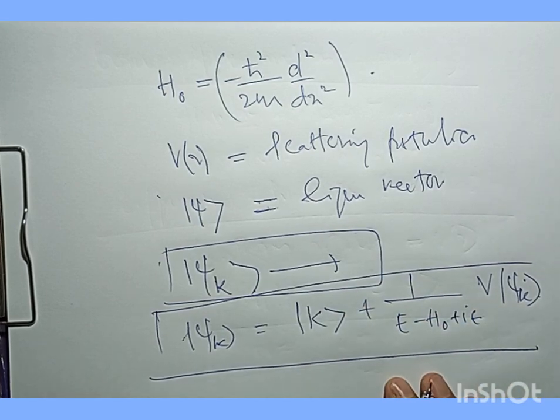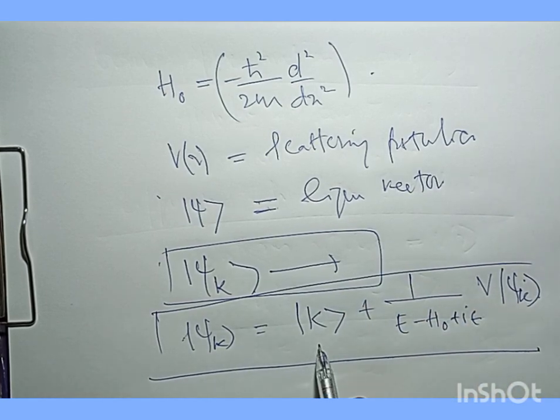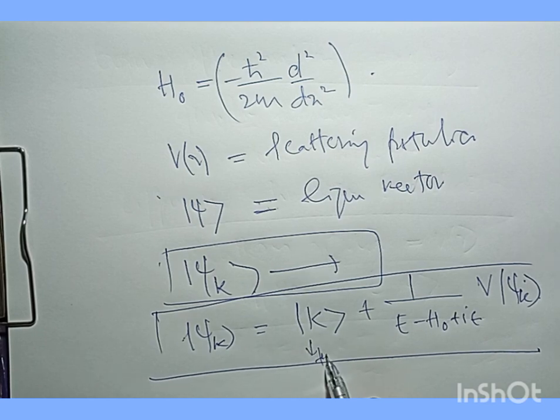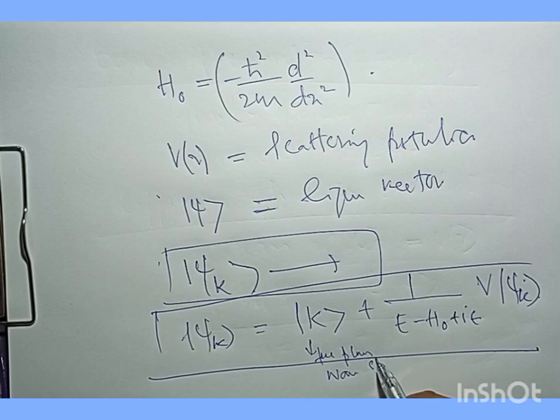Now this state vector k is basically a free plane wave state.